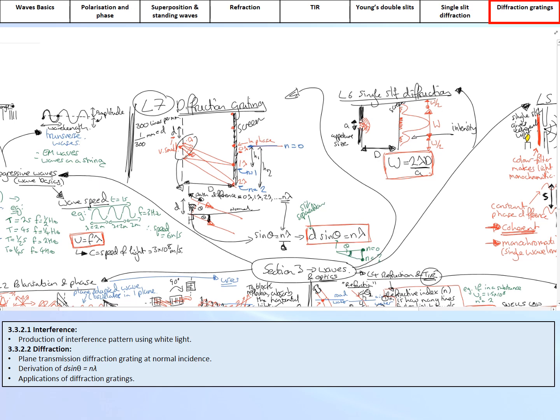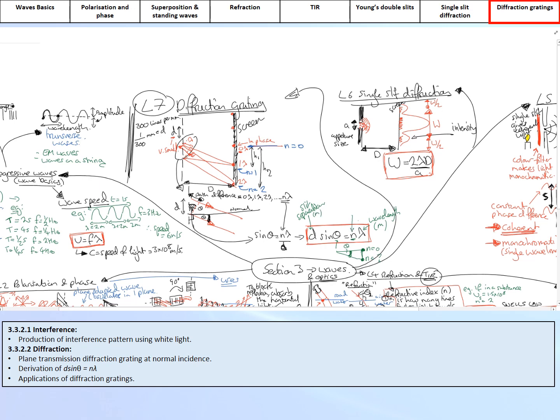So it's the angle that the light makes. Now, if it's the first dot, we use a value of n is 1. If it's the second dot, n is 2, and we're going to get larger and larger angles. This is obviously the wavelength, measured in meters. Slit separation will be in meters.